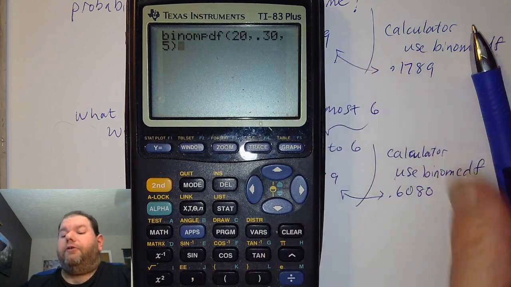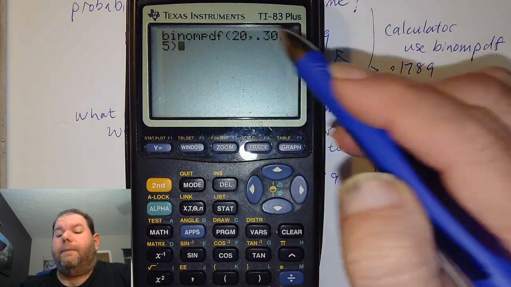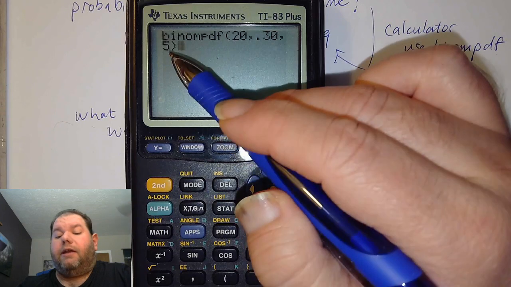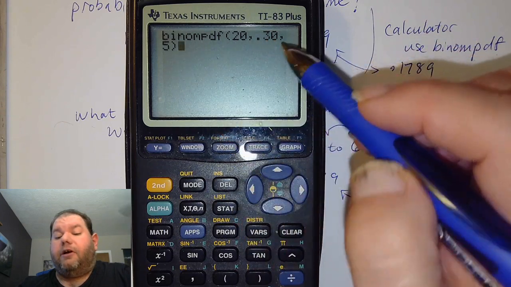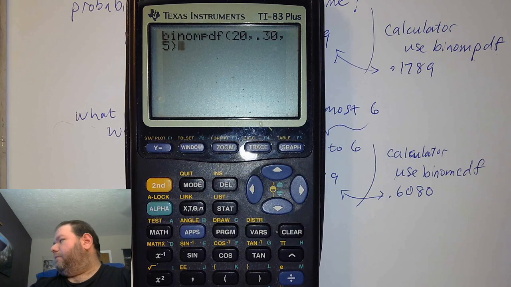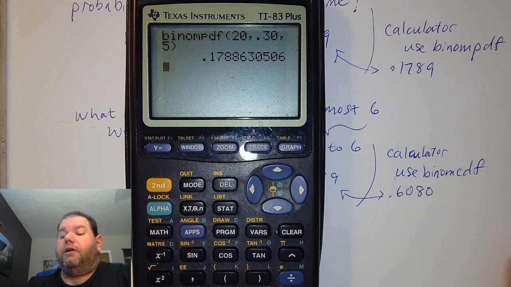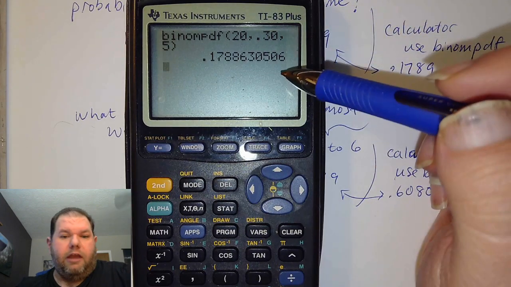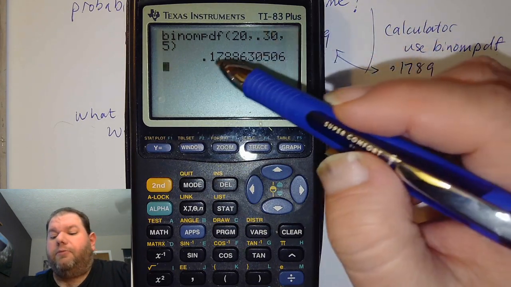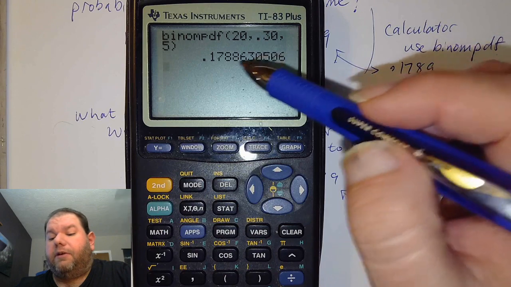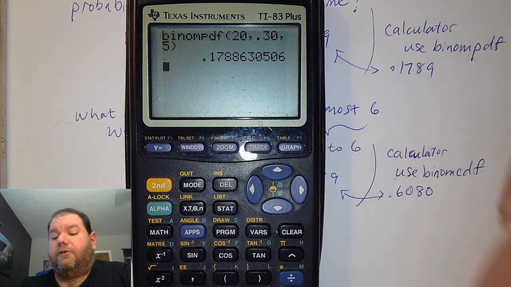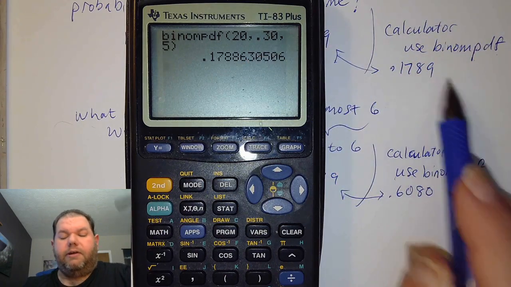Okay, we always put n first, p second, and x third, separated by commas. We press enter, and it'll give us our calculation. And we see the exact same number that came up on the other calculator. It's 0.17886, but again, to 4 decimal places, we'll round it to 0.1789.